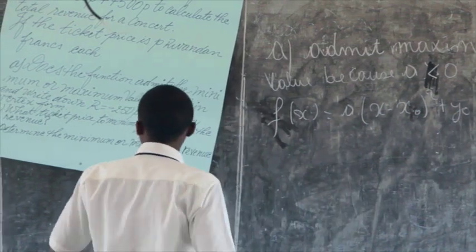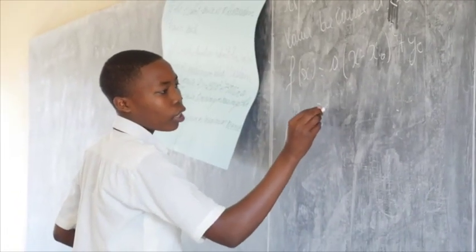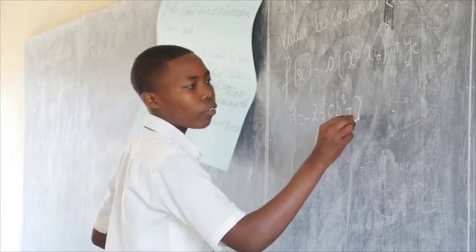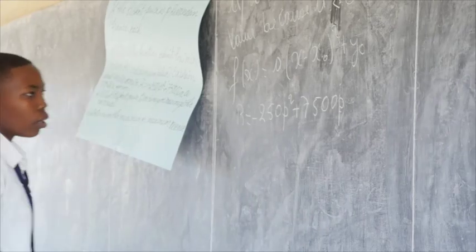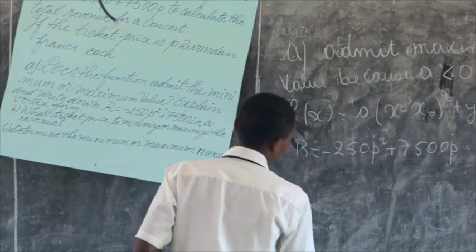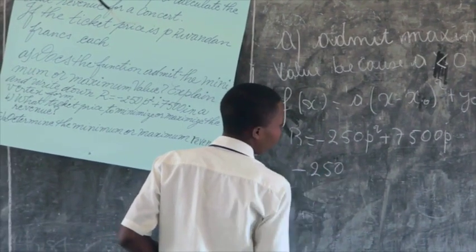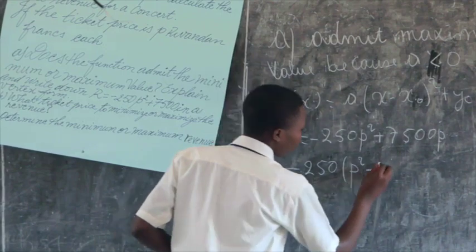Then you have R equal to minus 250 p squared plus 7,500 p. Then this is equal to minus 250 factor of p squared minus 30p.